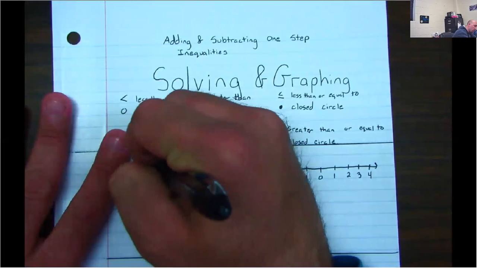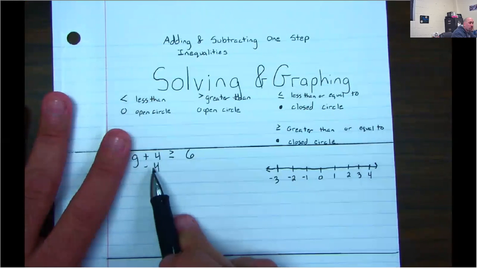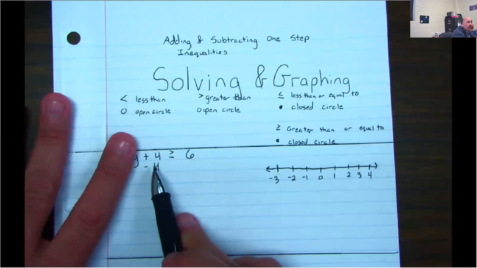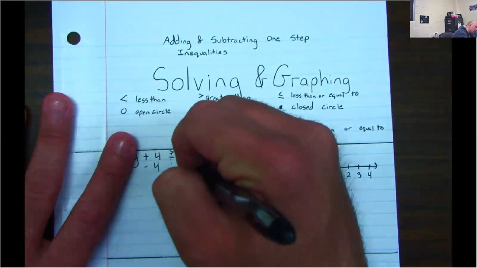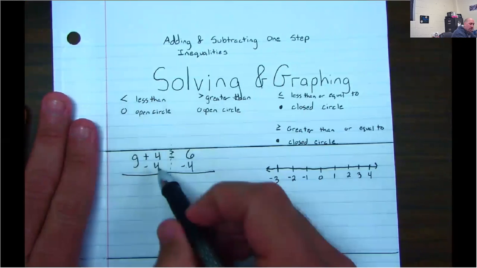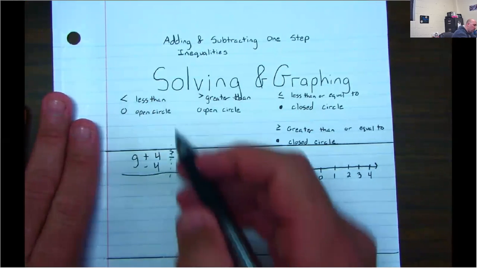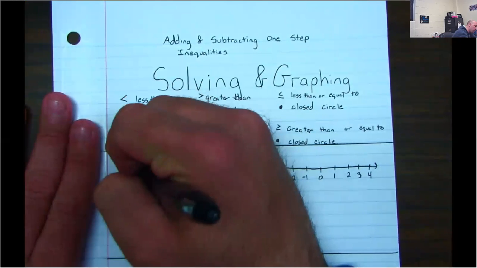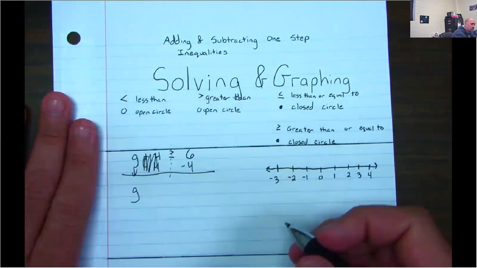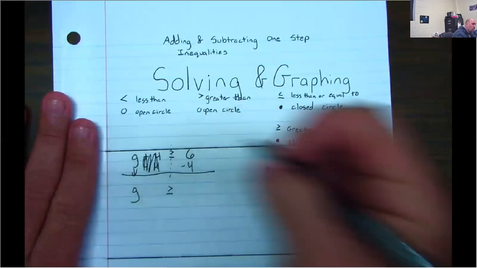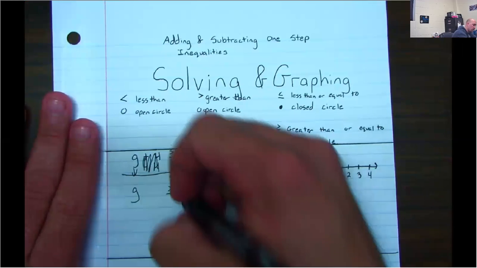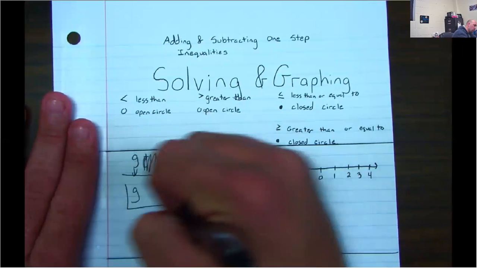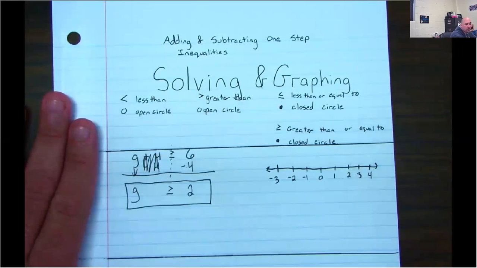Subtract 4. What you do to one side of the inequality, you have to do to the other side. It's like a mirror image, like a reflection. The 4 minus 4 zeroes out. Bring down the G, bring down the inequality sign. Guys, what's 6 minus 4? That's 2. You just solved it. That's it.